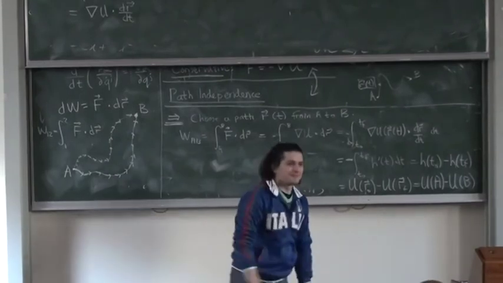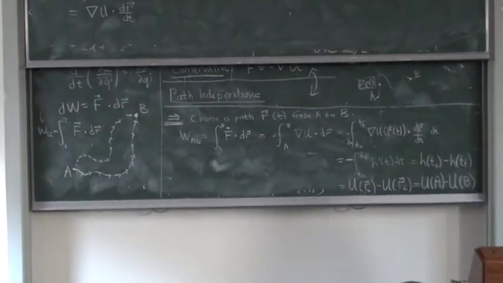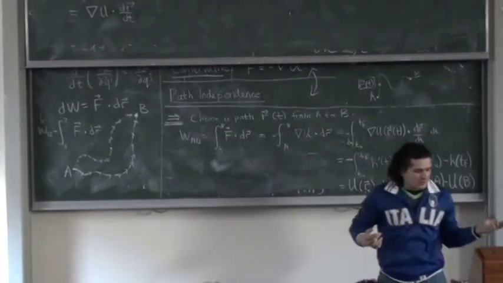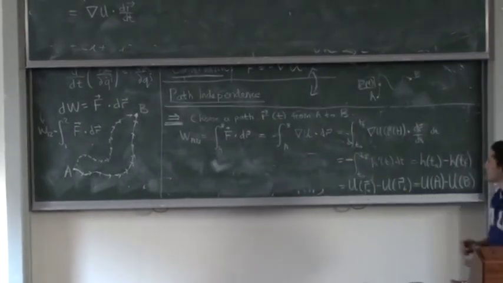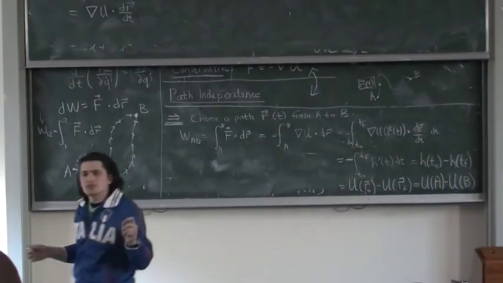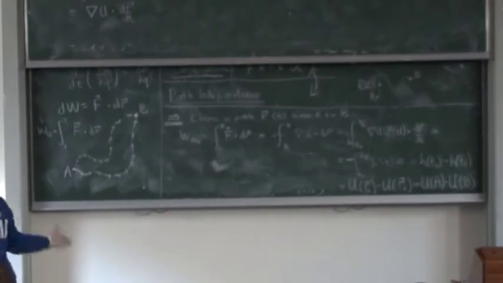Now we got this. Right. So we've done one part of the proof. What's left is to complete it. If I tell you that something is path independent, then it better also be true that it is conservative. Let's prove it.